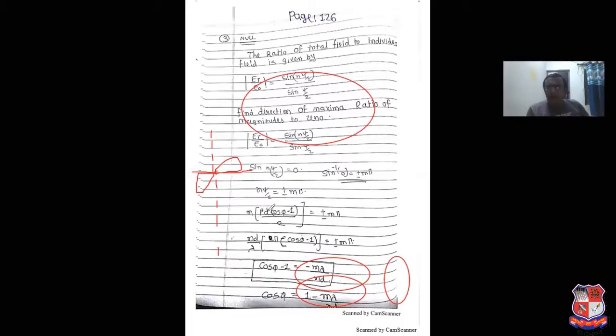So n beta d cos phi minus 1 divided by 2 is equal to plus or minus m pi. So here, nd divided by lambda, 2 pi by lambda. So 2 cancels, pi cancels. So cos phi minus 1 equal to plus or minus m lambda. So cos phi equal to 1 minus m lambda upon nd. It is the equation. Cos phi equal to 1 minus m lambda upon nd.